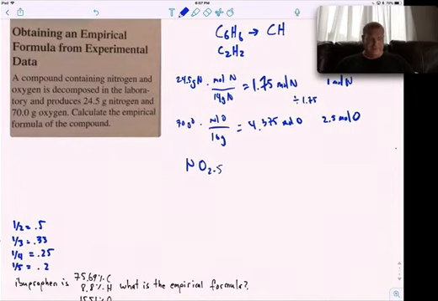If you think of a half as 0.5, a third is 0.33, a quarter is 0.25, a fifth is 0.2, and so on. So we multiply this by 2, and we get N2O5. Now this is indeed the empirical formula.